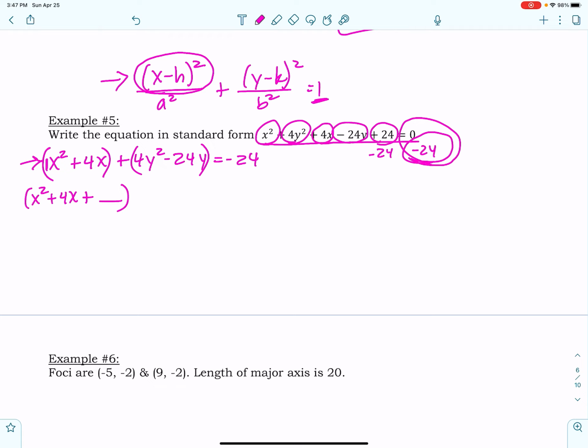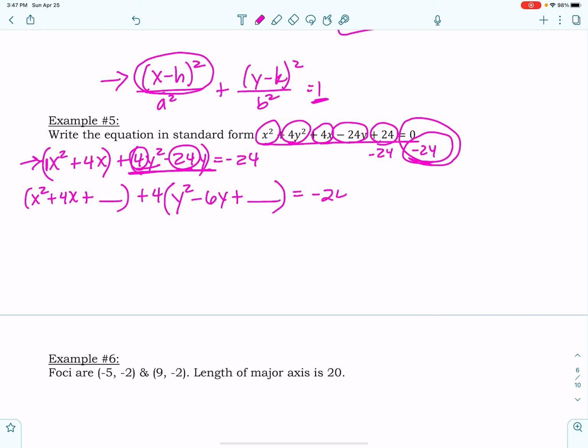Okay, I have to do the same thing for the y's, but this coefficient is not a 1. So I have to factor out the 4. And I have to write plus a blank. So 4 times y squared is 4y squared. 4 times 6 is 24. That's why I've got that there.